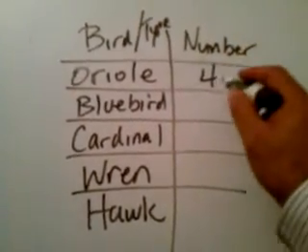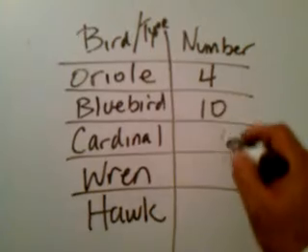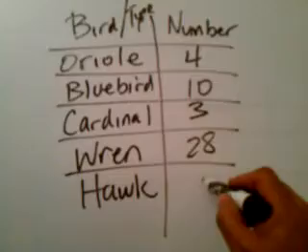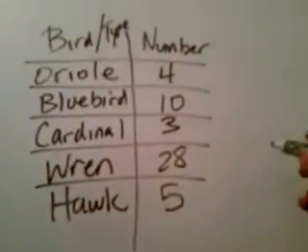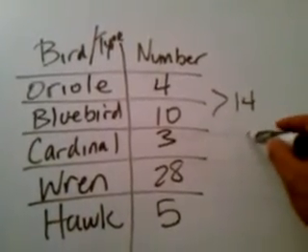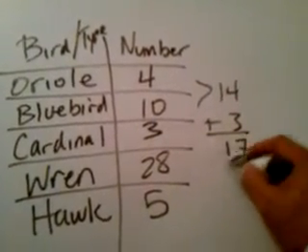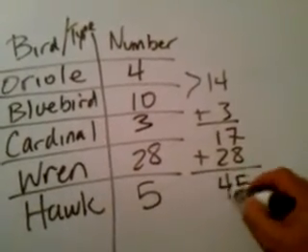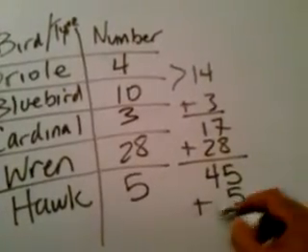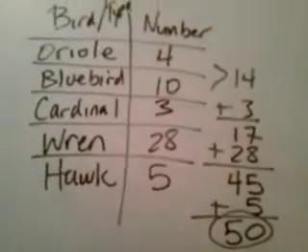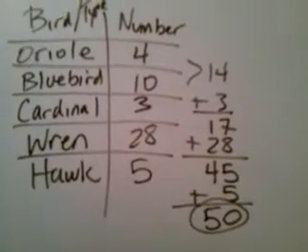There were 4 orioles, 10 bluebirds, 3 cardinals, 28 wren, and 5 hawks. So let's add them all together. We've got the 4 and the 10, that's 14, plus the 3, that's 17, plus the 28, that's 45, plus the 5 is, oops, sorry for the camera shift, is 50. Okay, so we've had a total of 50 birds that were seen.